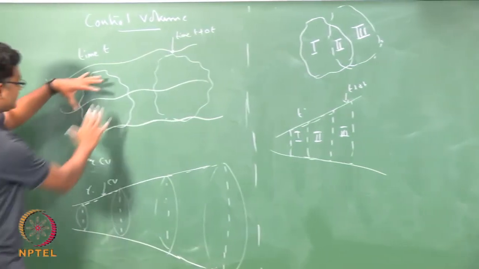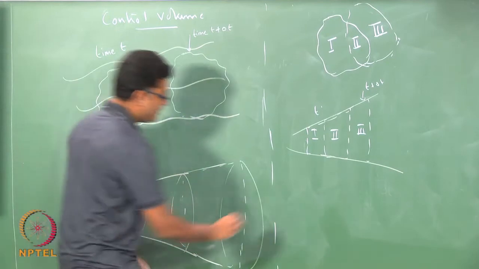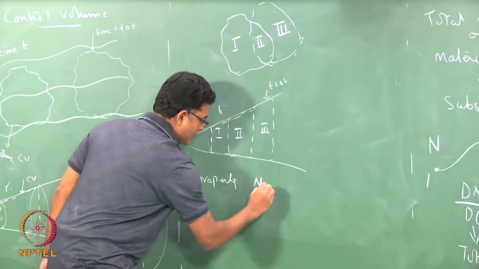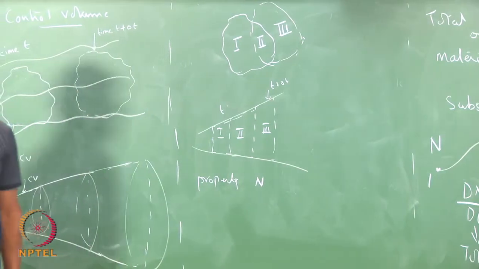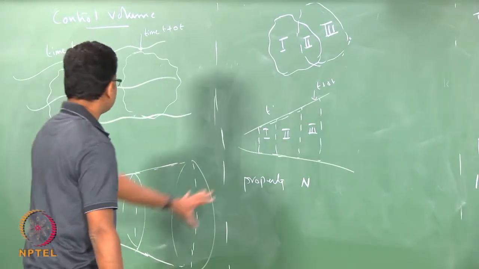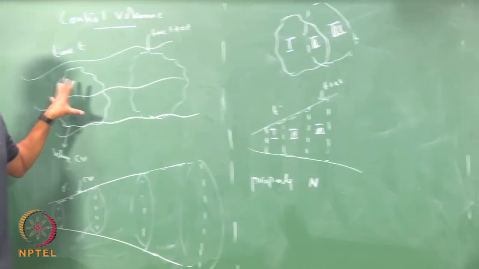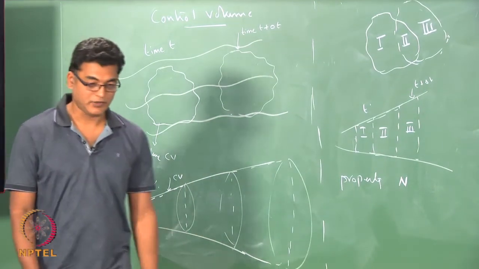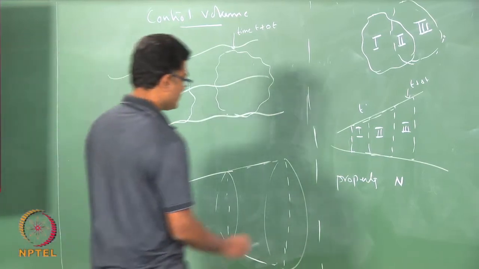So, associated with this mass there is a property N. It depends on the mass of the fluid that we are considering, so it is an extensive property.